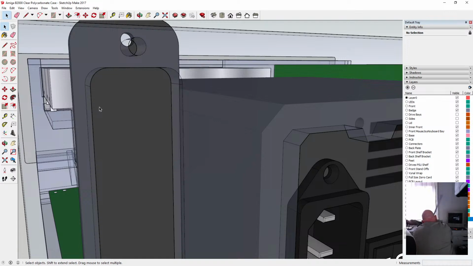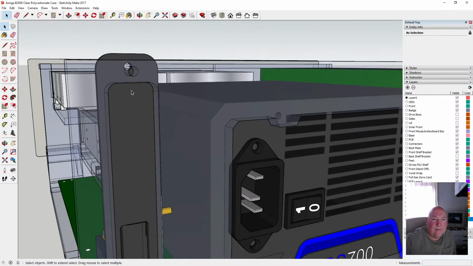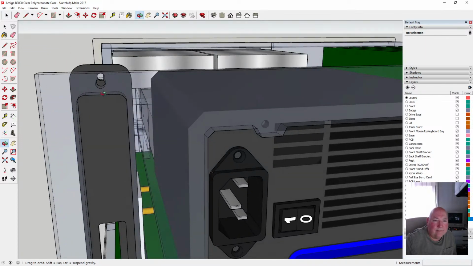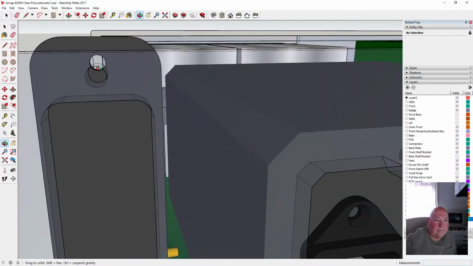And then from the top of the screw to the top is about 6 mil. So then you've got 6 mil from here, and I've got 3.2.